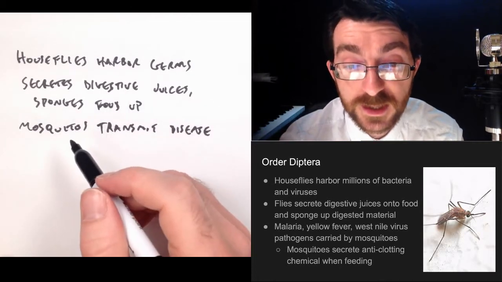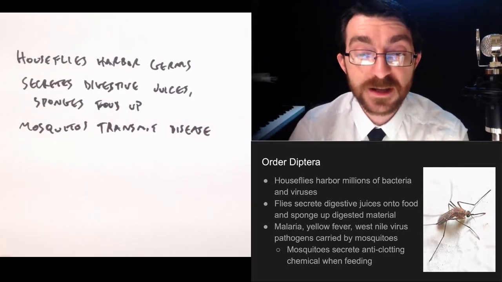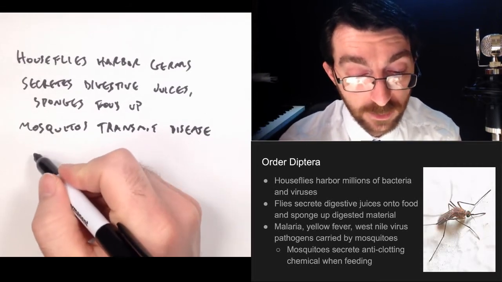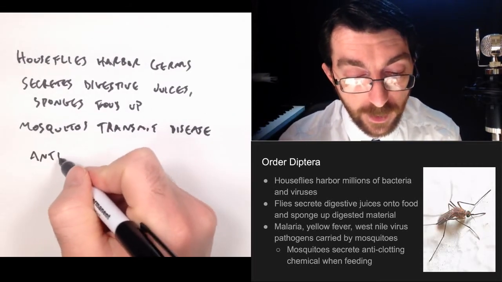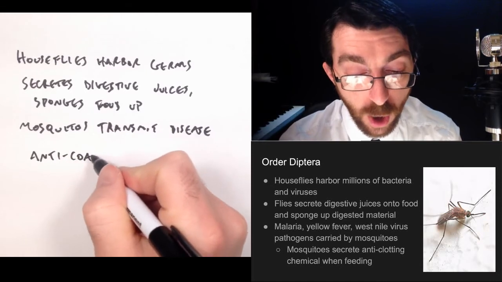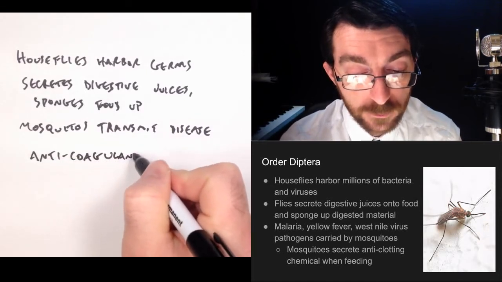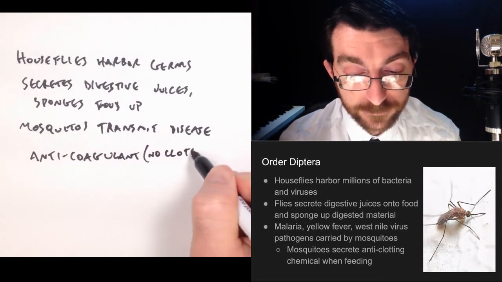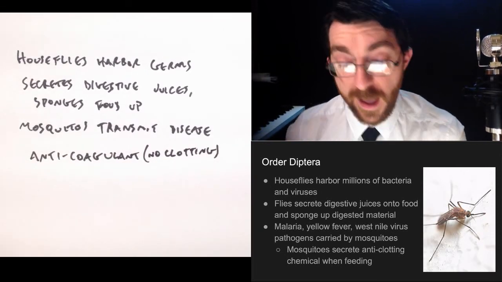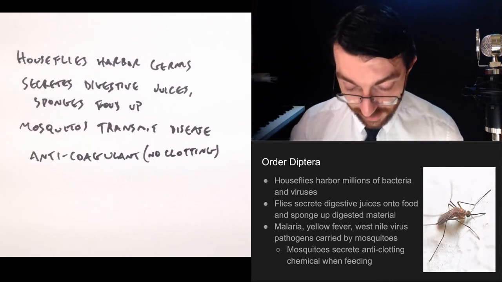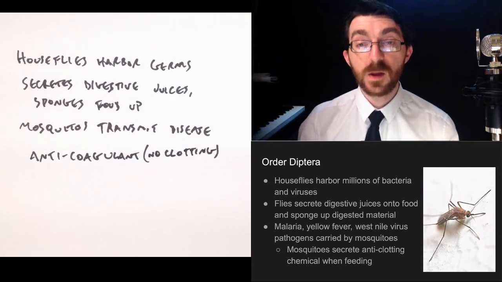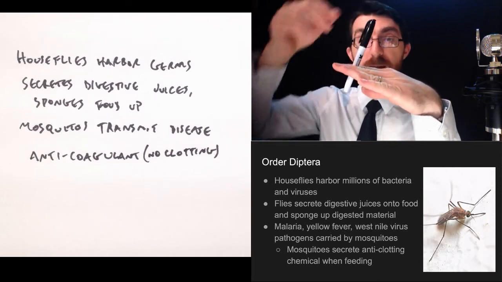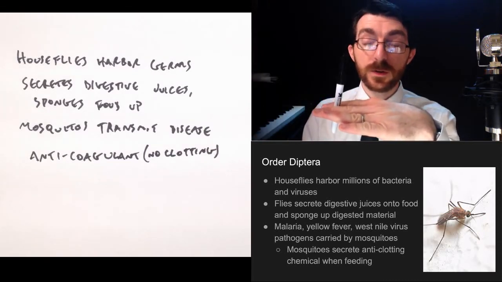So something else that mosquitoes have is they have an anti-clotting chemical when feeding. It's called an anticoagulant. So let me write that. Anticoagulant means anti-clotting. And the idea is when they are sucking your blood, they stick a mouth that's kind of like a straw into your skin, and then they start slurping on you like a straw.